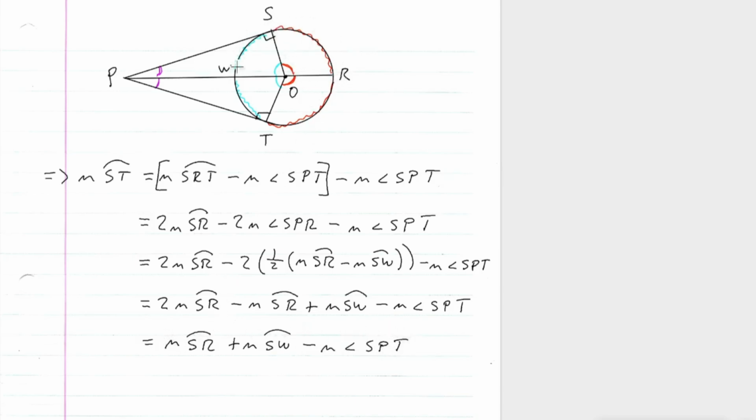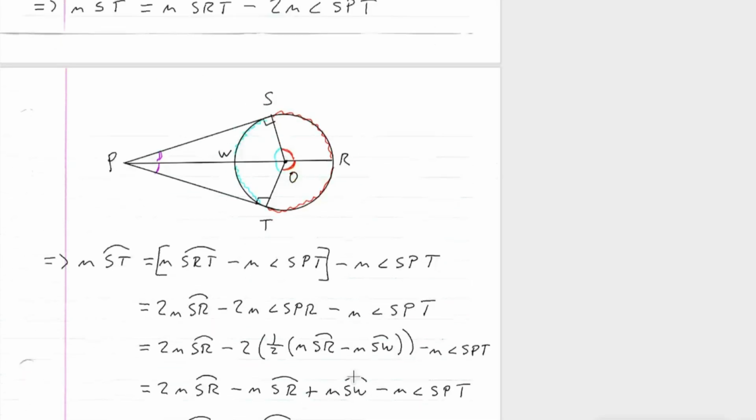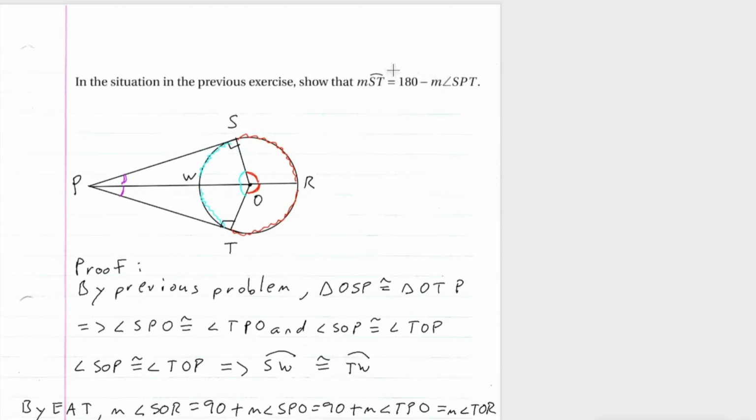SR plus SW is in fact 180, because since WR is the diameter, that means the measure of this arc is 180 because this is a semicircle. So this implies that the measure of arc ST is equal to 180 minus the measure of angle SPT, which is exactly what we wanted to prove.